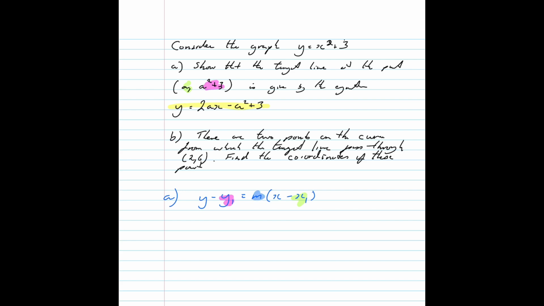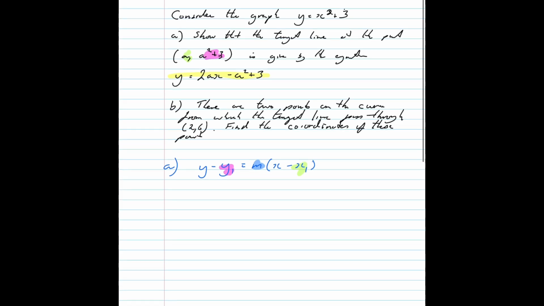And we get the gradient by differentiating the graph, the line that we're graphing, and then subbing in the value we have. That is m equals dy/dx evaluated at x equals a.